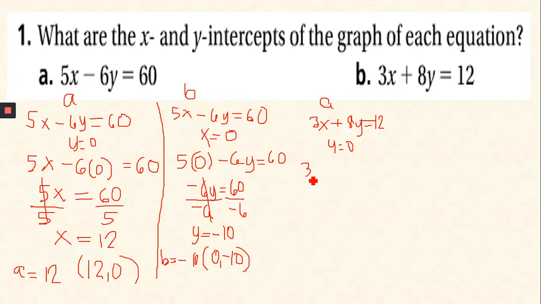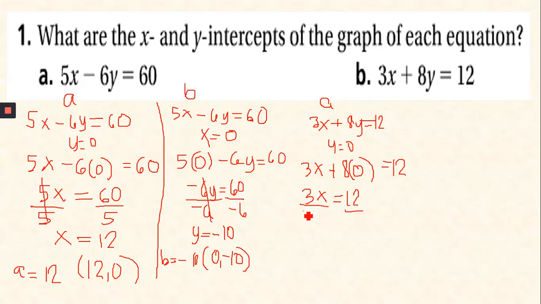So you now have there 3x plus 8 multiplied by your y, which is 0, is equal to 12. So you now have 3x. 8 times 0 is 0, so no need to write it. Is equal to 12.